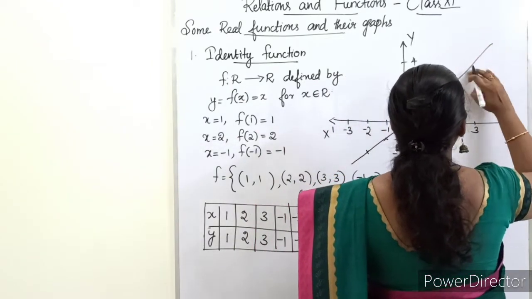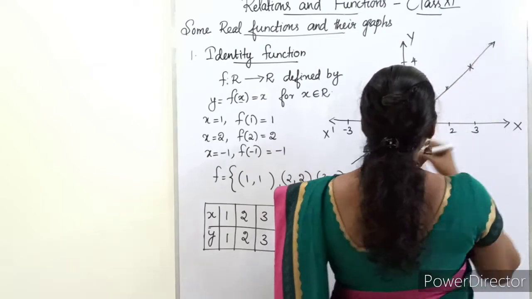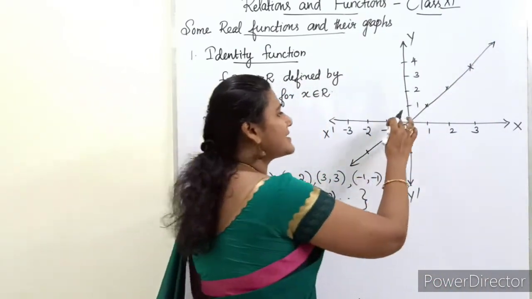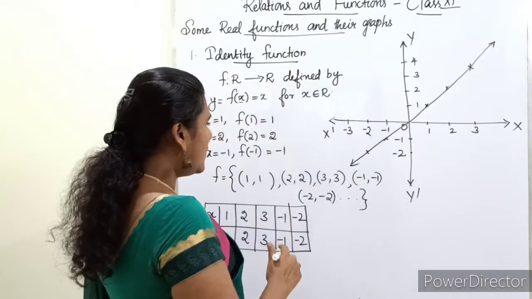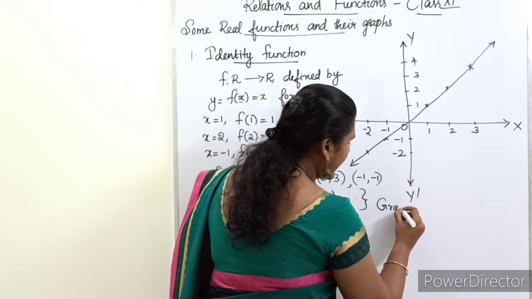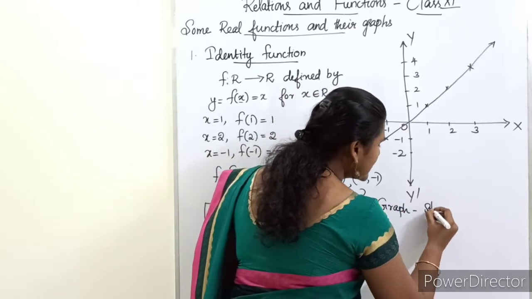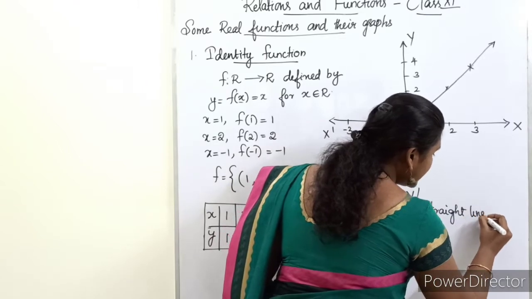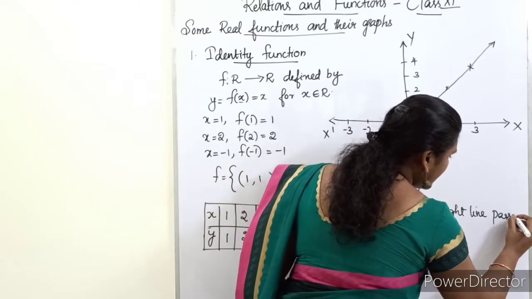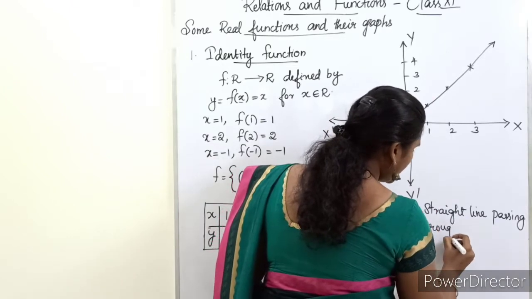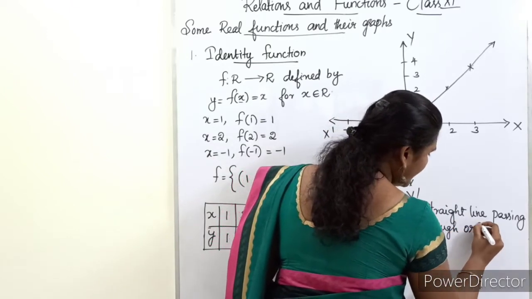What you can see here is that the graph of an identity function is a straight line passing through the origin. So we got the graph of the identity function.